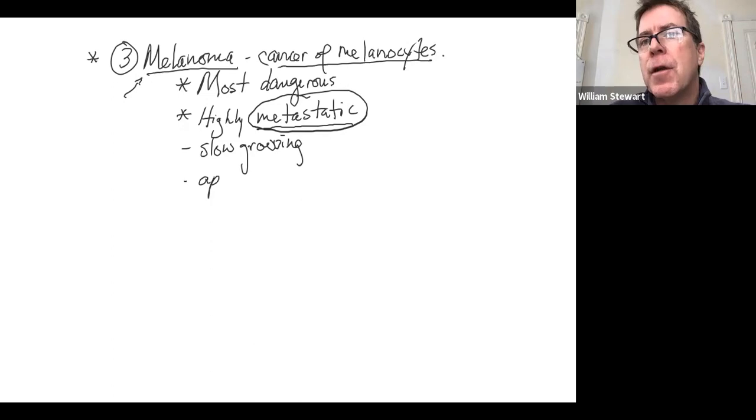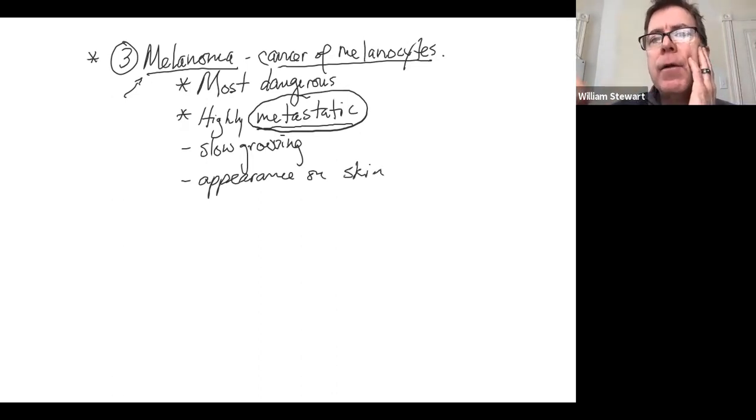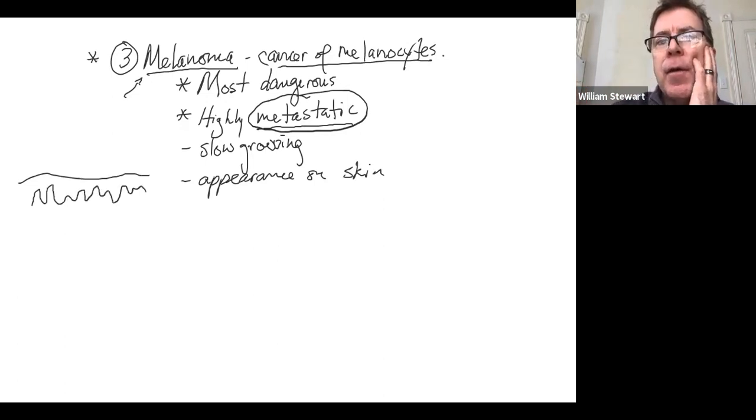So I'm just going to write appearance on skin. Similar to basal cell carcinoma, here's the surface of the skin. Here's our lowest layer of the epidermis. The melanocytes now are located at this stratum basale layer.